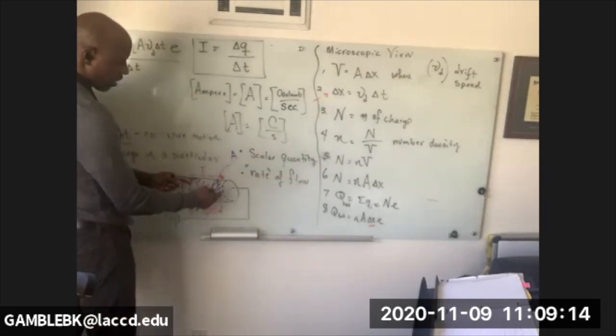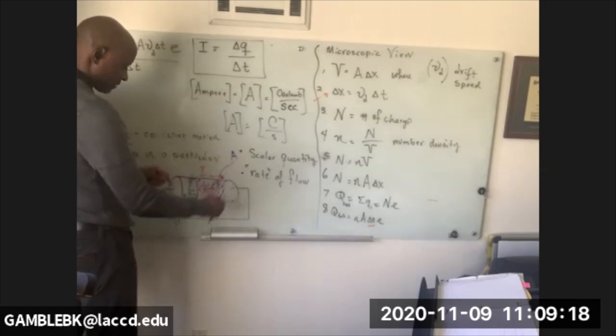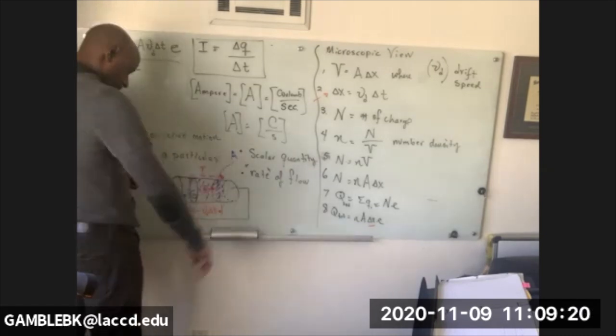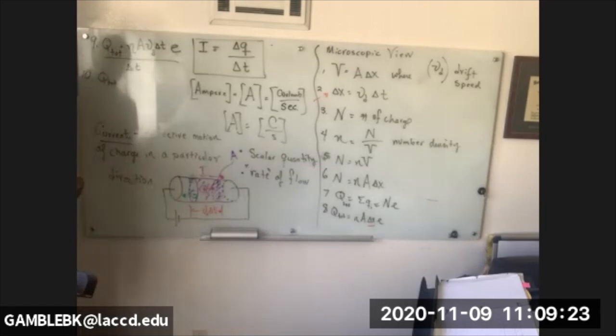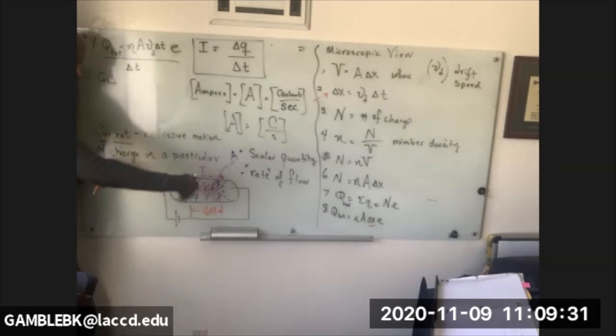Like in delta T, all the charge that was in this volume has now exited that volume and moved out of that volume. And on an average value, it's replaced by the same amount of charge in that volume. So that just keeps happening over and over and over again.